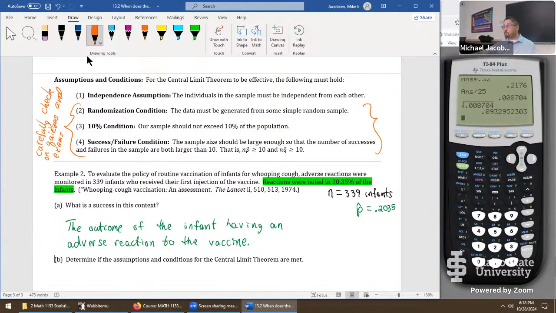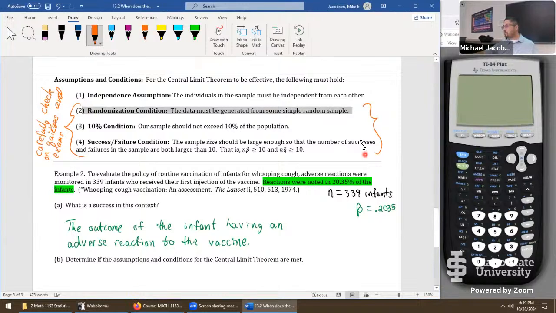Essentially what I'm saying is if you skip the independence assumption check, that's okay in these kinds of settings. I would say it's probably likely these data really are independent, but unless we knew everything about this entire study from start to finish, we really can't justify that statement. So we move on to the randomization condition statement instead.